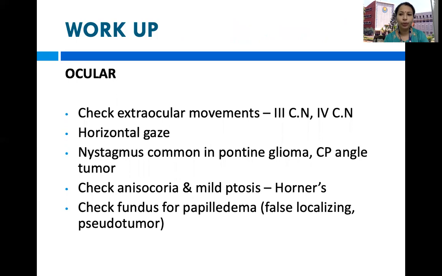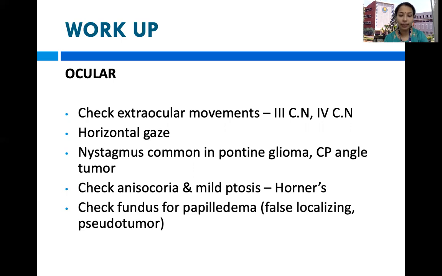So when you work up these patients, you need to check certain things in the eye, which include the extraocular movements. The coexisting involvement of the third and fourth cranial nerve can give a clue to a cavernous sinus lesion. If the patient has a horizontal gaze palsy and has difficulty initiating a gaze towards one side, then there could be a PPRF involvement.